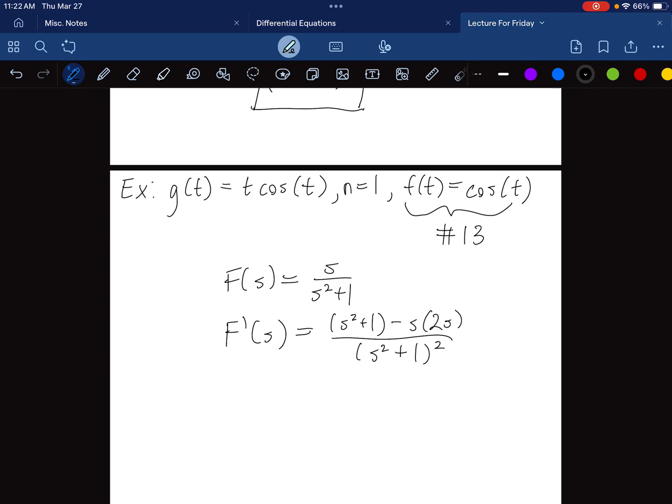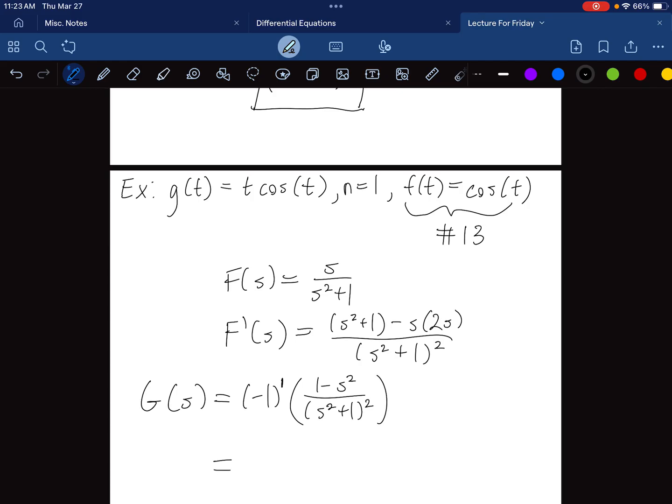And so now the Laplace transform of our little g, which is capital G of s, is going to equal negative 1 to the first power times, right, this numerator is going to simplify to just 1 minus s squared over s squared plus 1 squared.